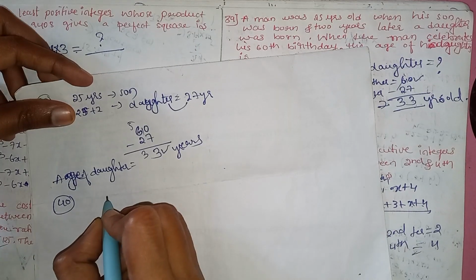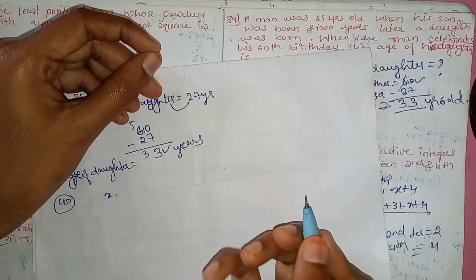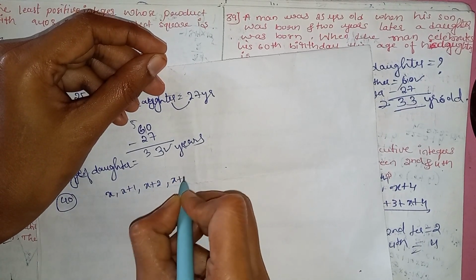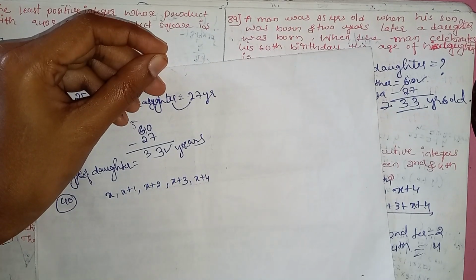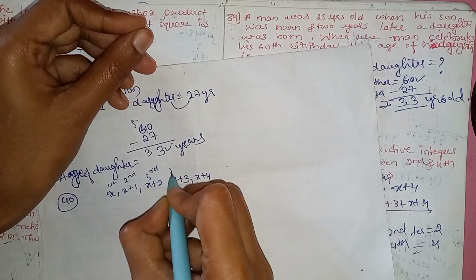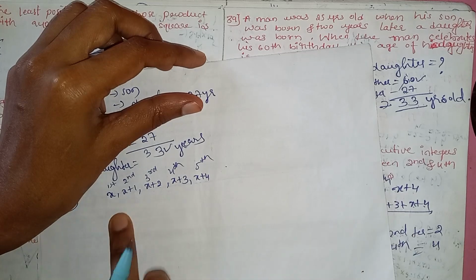Okay, so it is like x is the first integer, then its consecutive integers are going to be x plus 1, x plus 2, x plus 3, x plus 4. So they have asked only 5 consecutive integers. This is first, second, third, fourth, and this is going to be the fifth. What they are asking, their average is 3.